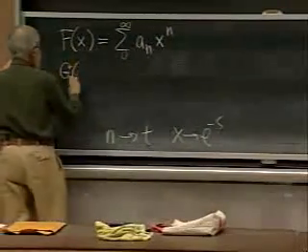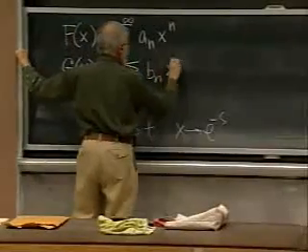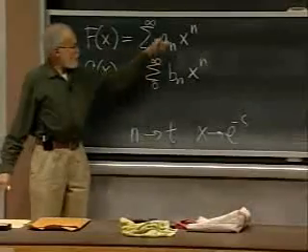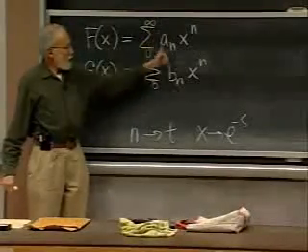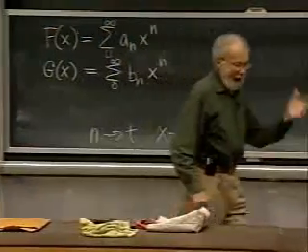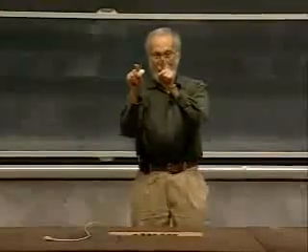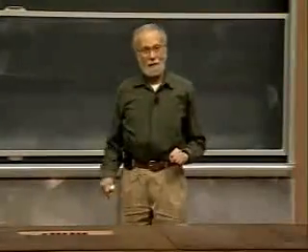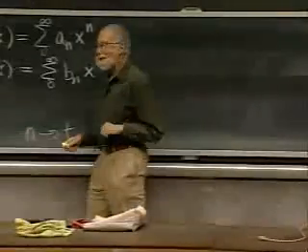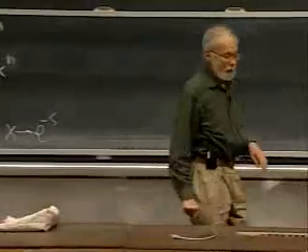And similarly, g of x here is summation b_n x to the n. Now, again, the naive question would be, suppose I multiply the two corresponding coefficients together and add up that power series, summation a_n b_n times x to the n. Is that somehow related to f and g? And of course, everybody knows the answer to that is no. It has no relation whatever.